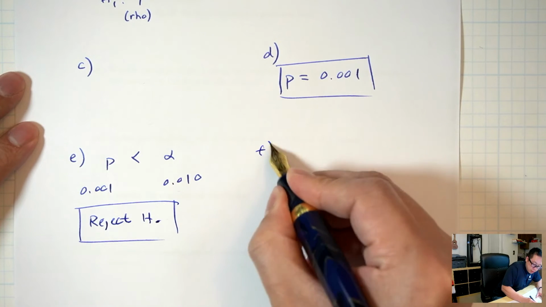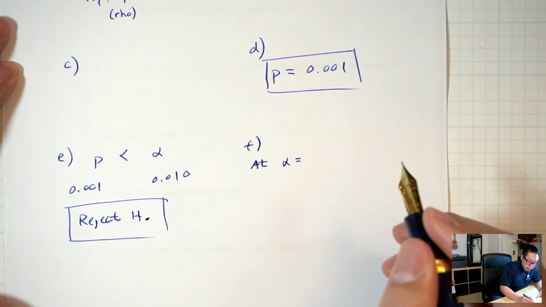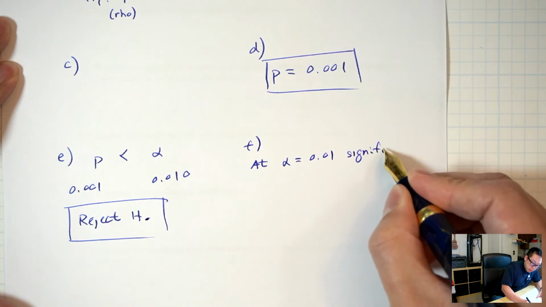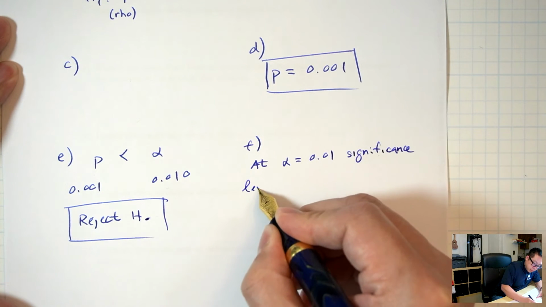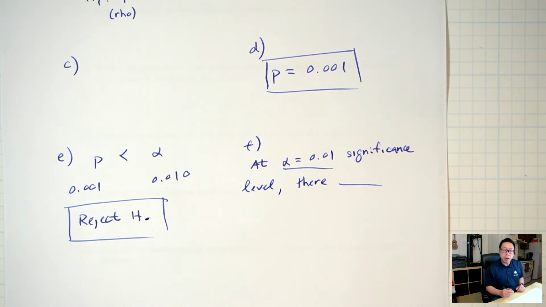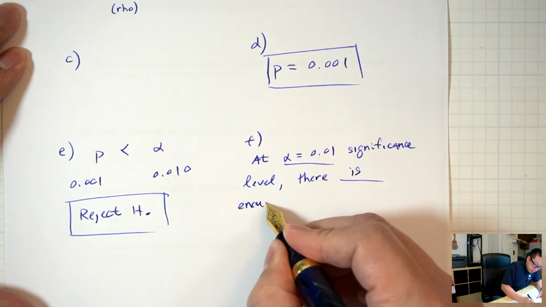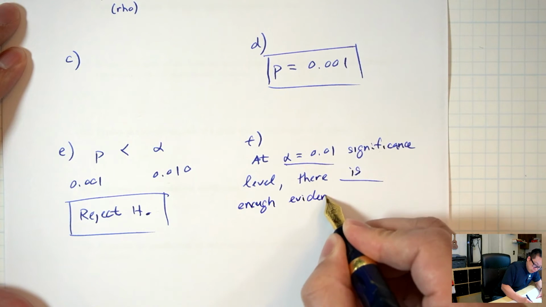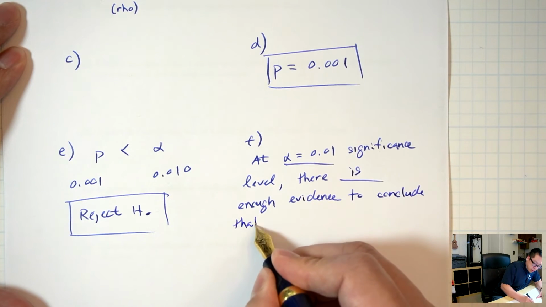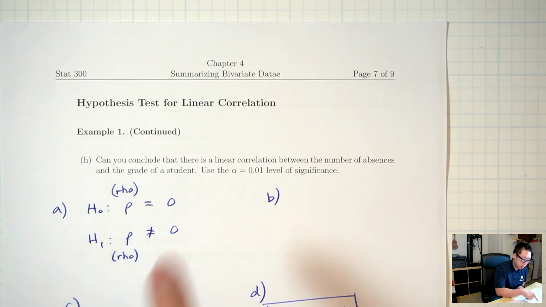And then part F, the sentence. At alpha equals, state your significance level. At alpha equals 0.01 significance level, there is or is not enough evidence. Because we did reject, there is enough evidence to conclude that, can you conclude that there's a linear correlation between the number of absences and the grade of a student?